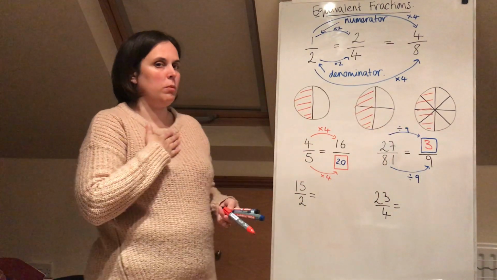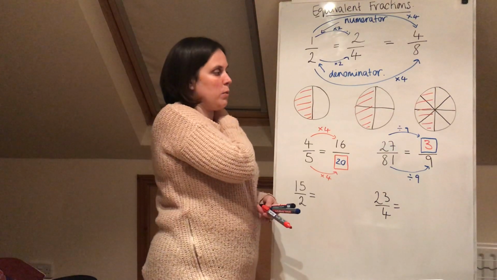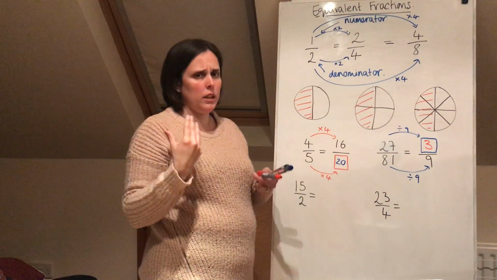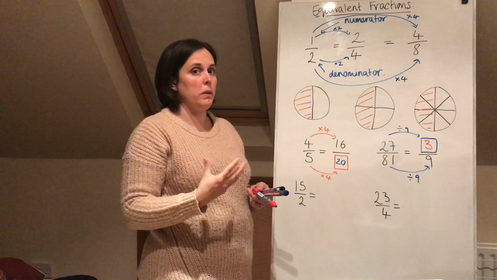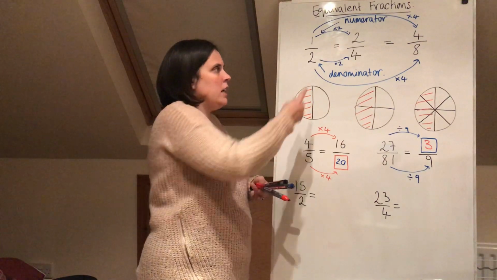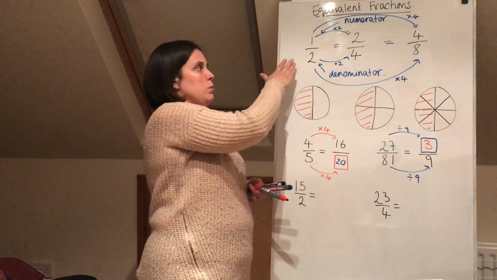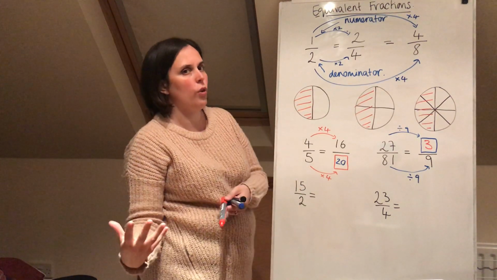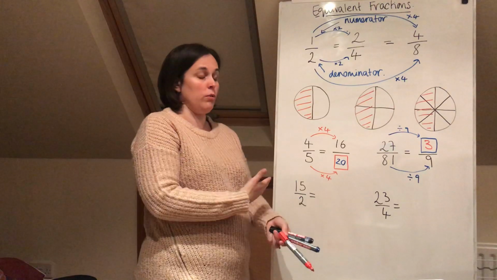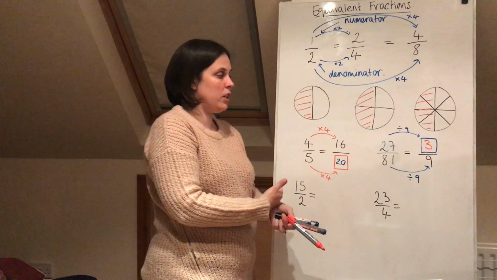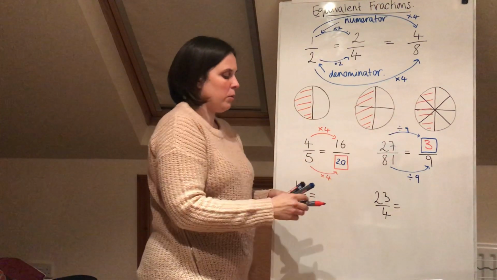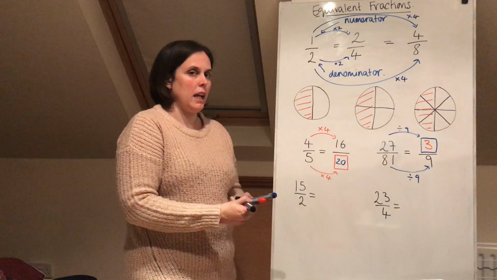Now quite often what you're going to be asked to do is to come up with what the number is in its simplest form, the smallest it could possibly be. So in all the examples I did up here, the simplest case was 1/2. If you got an answer of 4/8, you might simplify it down to 1/2, and that's quite a common thing to do. So if we look at this example here, 3/9, could we make it any simpler?